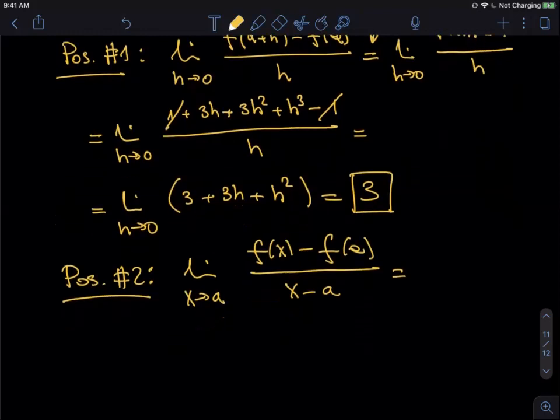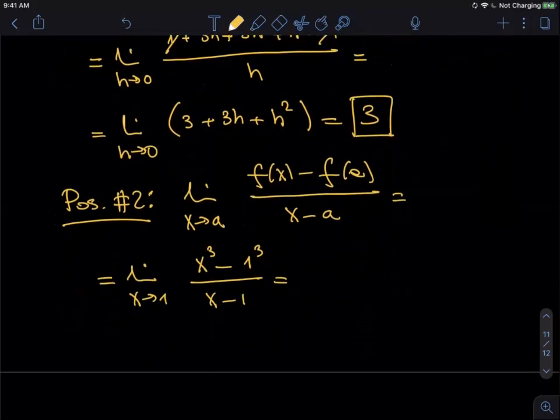So in this case, because f of x is x to the power 3, we have x to the power 3 minus 1 to the power 3 divided by x minus 1. Okay, and here we can factor the polynomial, and this is x minus 1 times x squared plus x plus 1 divided by x minus 1.